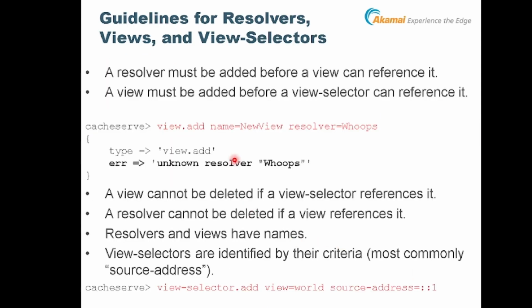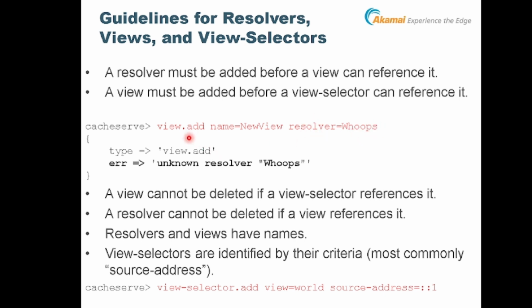Okay, so you probably won't add lots of views and resolvers and view selectors by hand, and it's not something that you do a lot of. But if you do start making chains of these, you just have to remember that before you add a view, you have to make sure that the resolver exists.